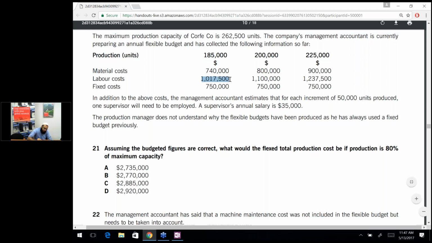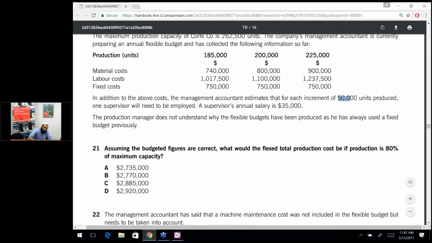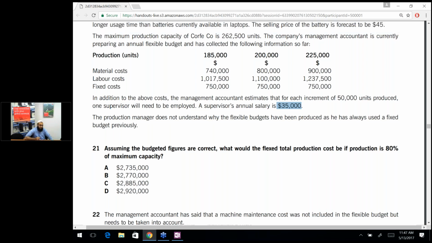Fixed cost is fixed cost. And one more cost you need to work out is for every 50,000 units, you need a supervisor, and the salary of the supervisor is 35,000. So how many supervisors will be required?